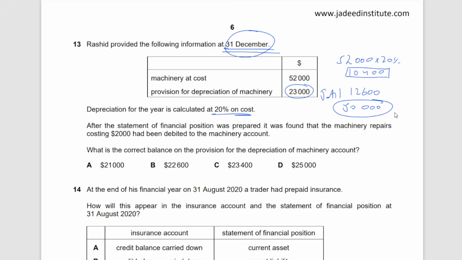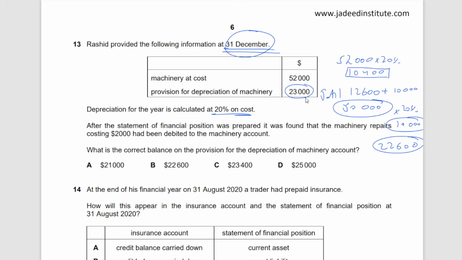Now we will calculate 20% of that, which would be 10,000, and include that here. So that is 22,600. That is the actual depreciation.